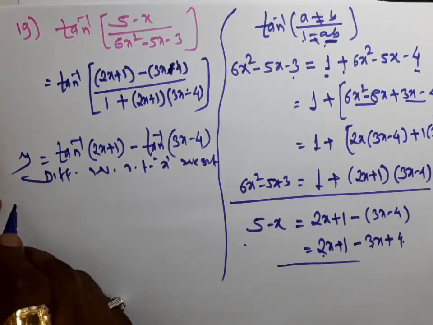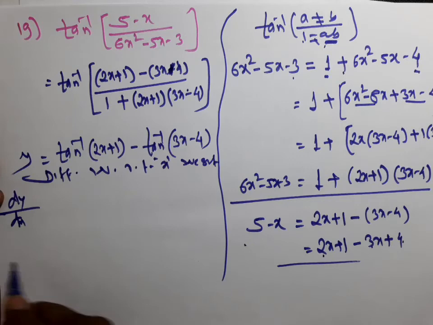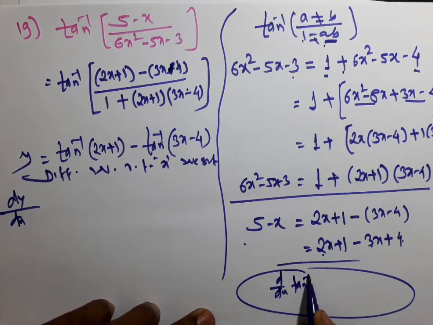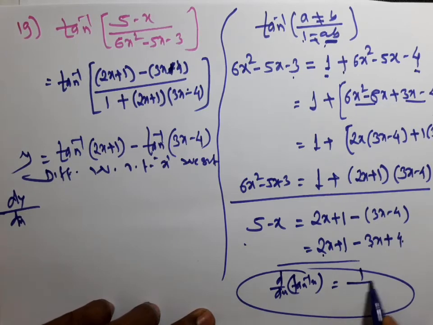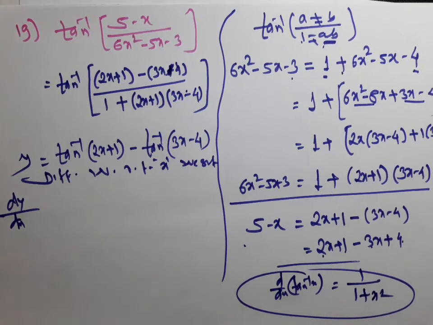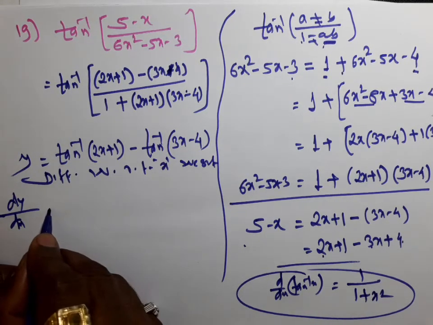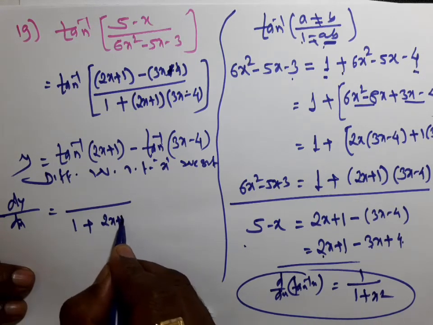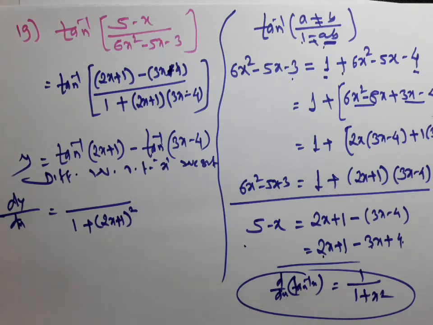We get dy by dx. So I am writing here what is the derivative of tan inverse x. It is 1 upon 1 plus x square. So this will be 1 upon 1 plus (2x plus 1) square.